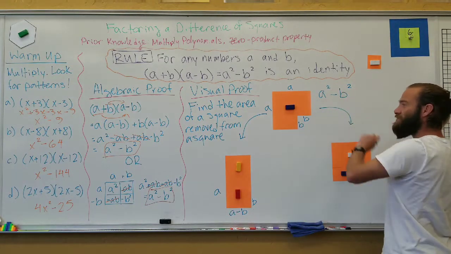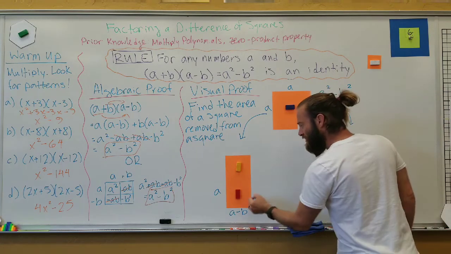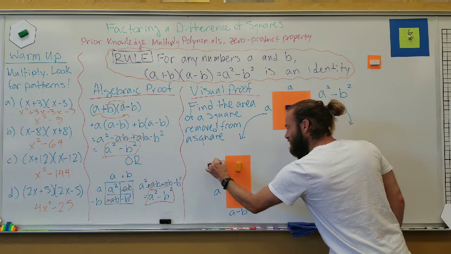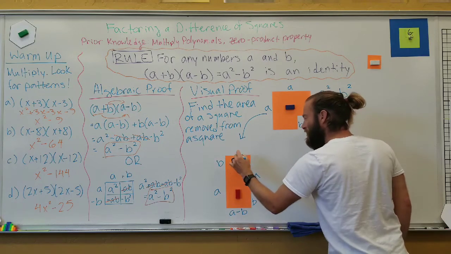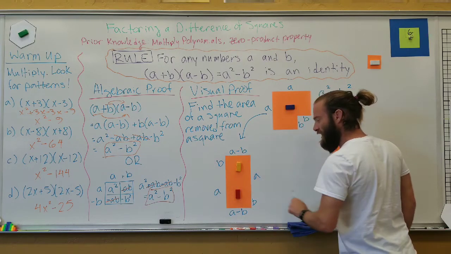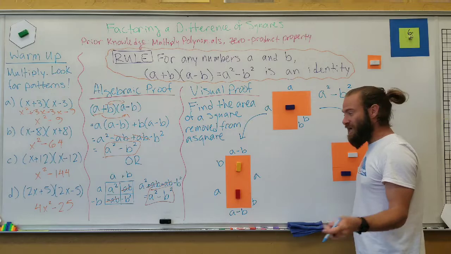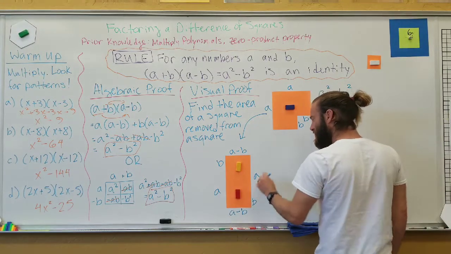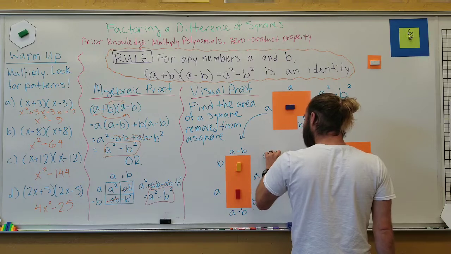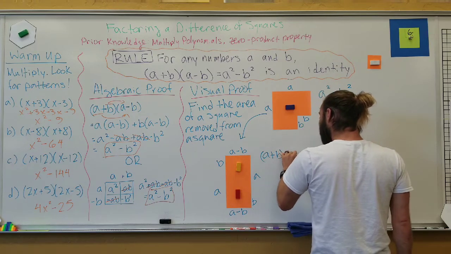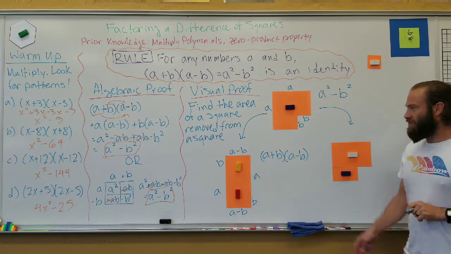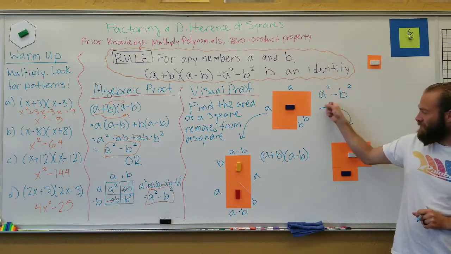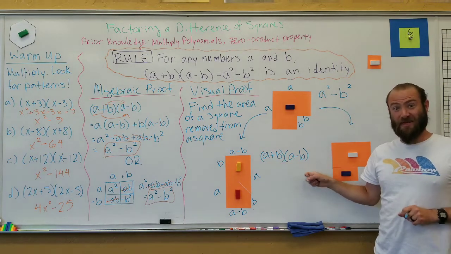The area of this one is a squared minus b squared, but if we think of it a different way, the short one is b and the long one is a, so this is a plus b, and this is still a minus b like we had before. In the end, the area of this rectangle is the length times the width, so the area here is a plus b times a minus b. And since this area and that area must be the same, we can say a squared minus b squared is the same as a plus b times a minus b.